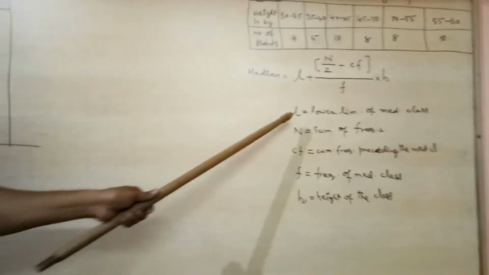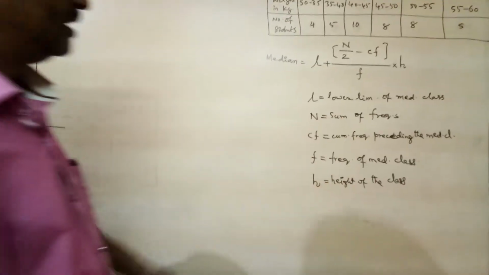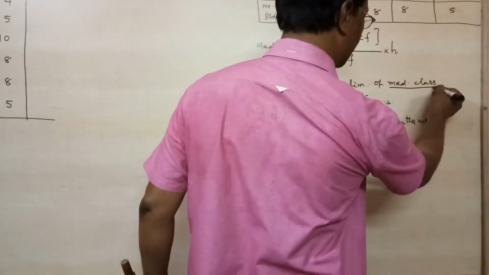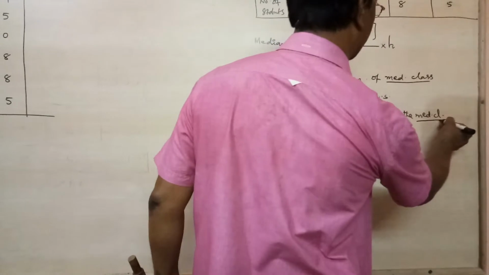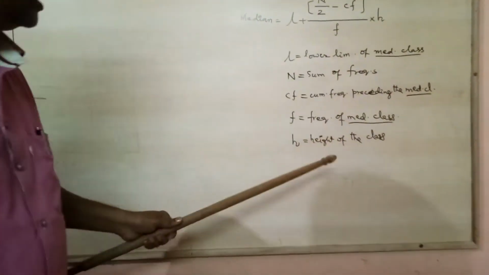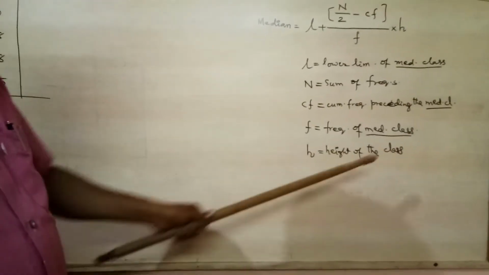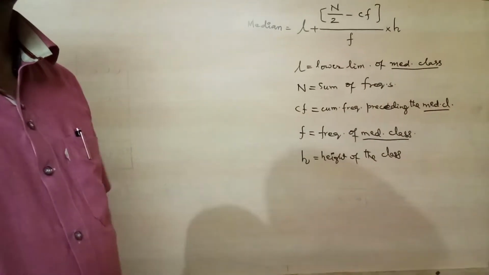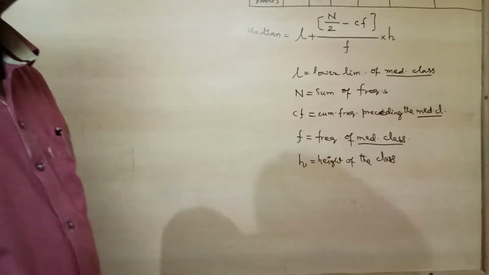Now, the median class is important. Without knowing the median class, we cannot find L, CF, f. First, we have to know the median class. To find the median class, N is required.